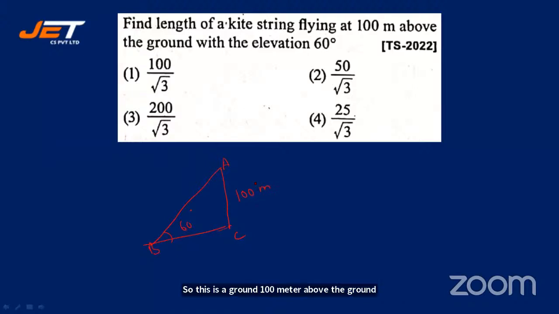All right, fine. So now above the ground with the elevation of 60 degree. All right, so you take this here as 60 degree. Right, so now you need to find out the length of the string of the kite. What is it that you need to find out? You need to find out the length of the string.